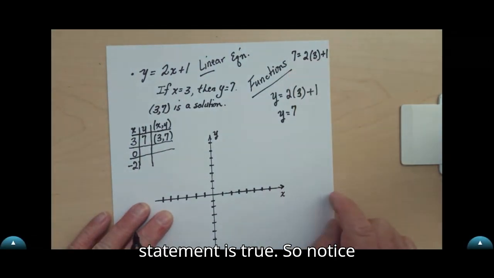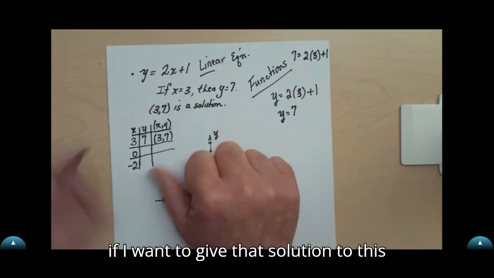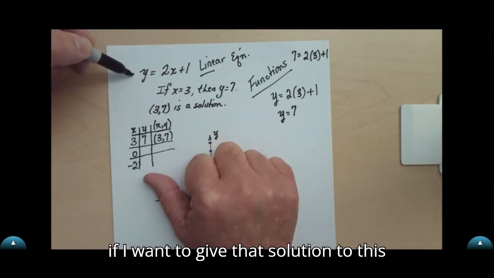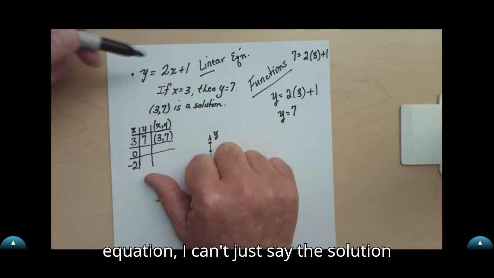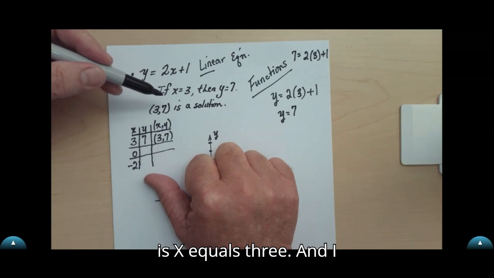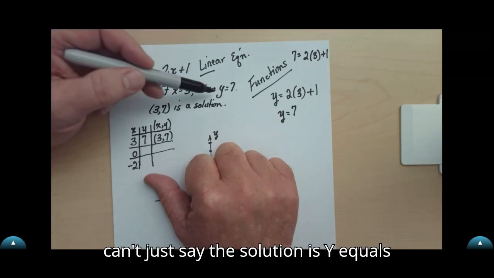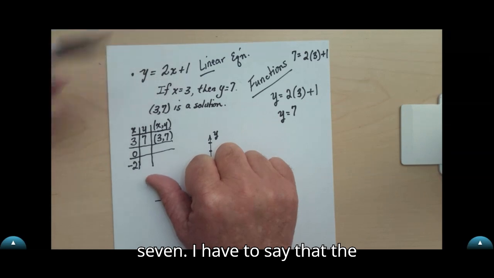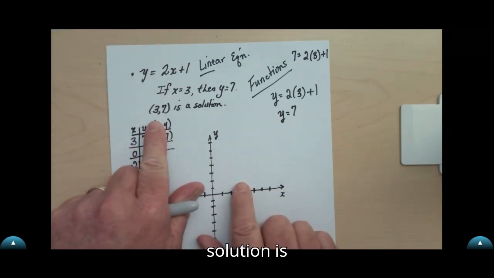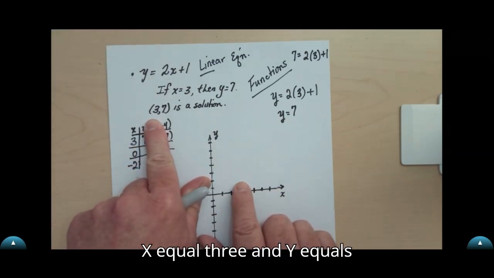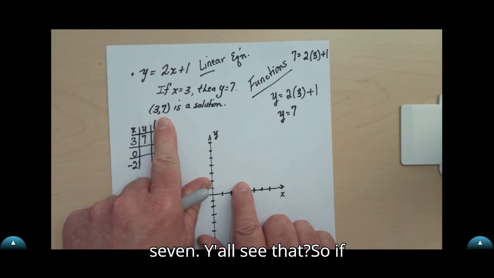That statement is true. So notice, if I want to give the solution to this equation, I can't just say the solution is x equals 3. And I can't just say the solution is y equals 7. I have to say that the solution is x equals 3 and y equals 7. Y'all see that?